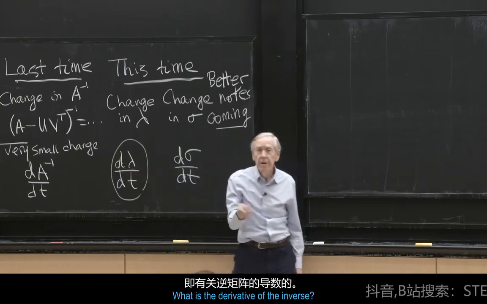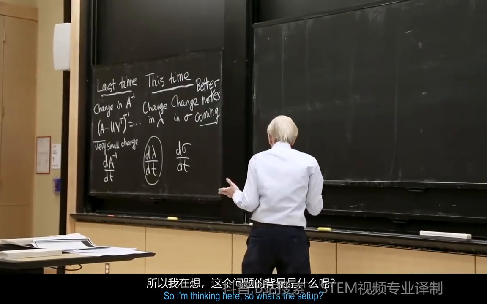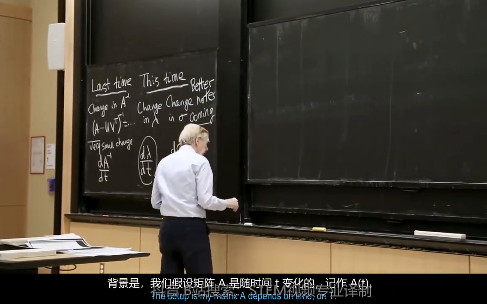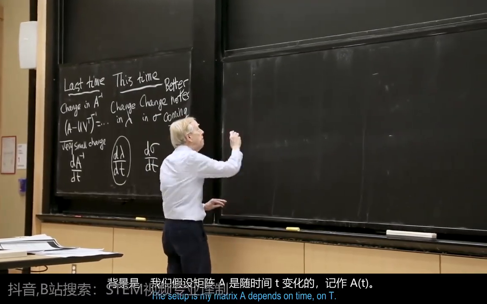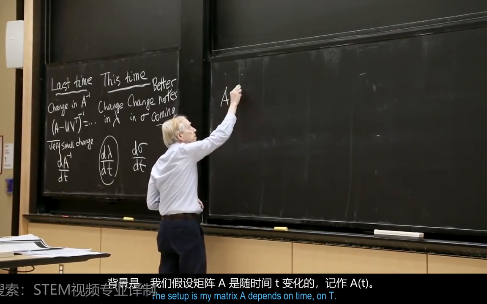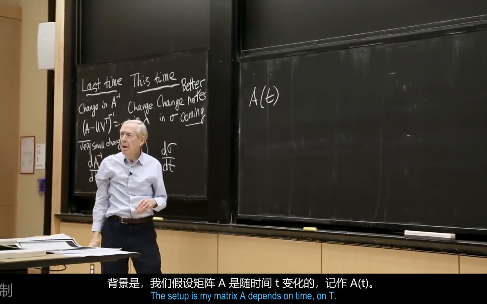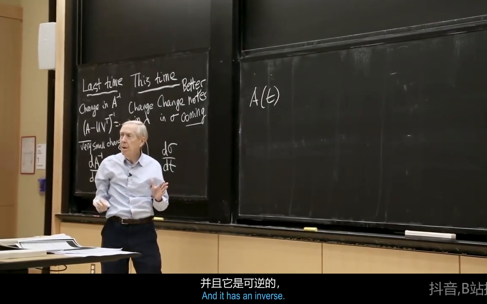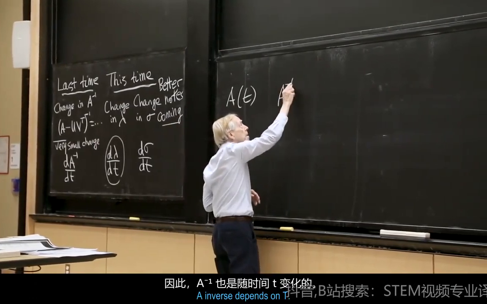What is the derivative of the inverse? So what's the setup? The setup is my matrix A depends on time, on t. And it has an inverse. A inverse depends on t.